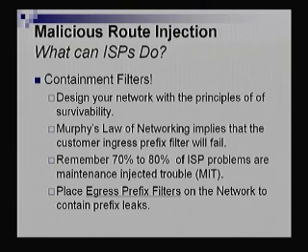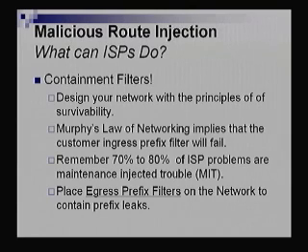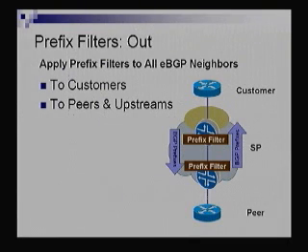So Murphy's Law of networking is really bad, and this happens out there. You also have the MIT problem, not the Massachusetts Institute of Technology, but the thing that was grilled into me from the radar days: maintenance injected trouble. You don't want to get maintenance injected trouble into your system, and that a lot of times happens.